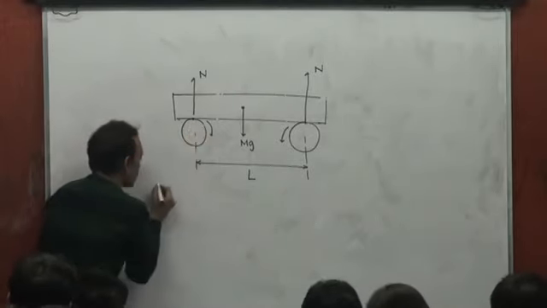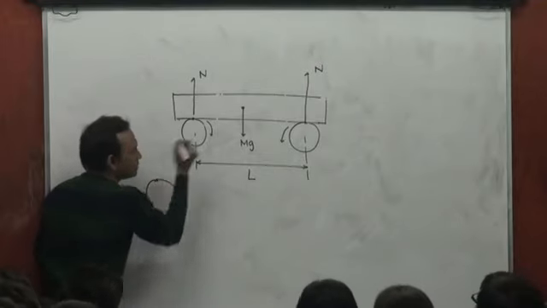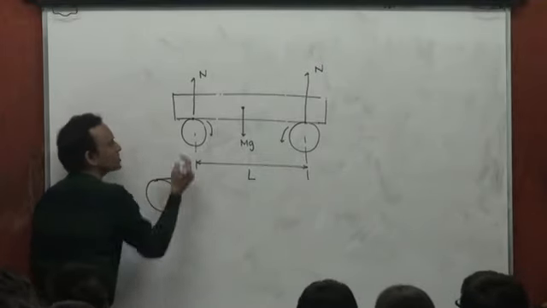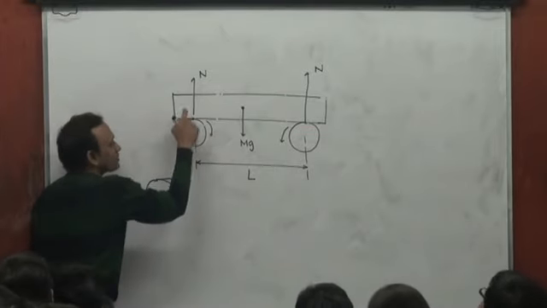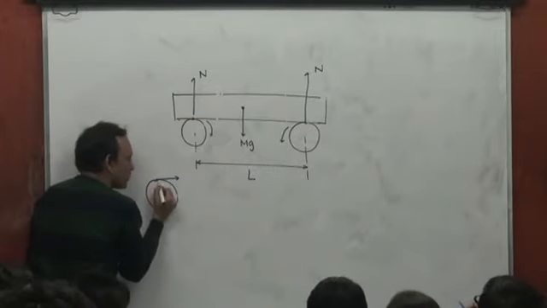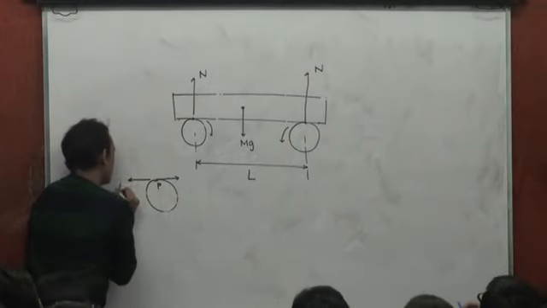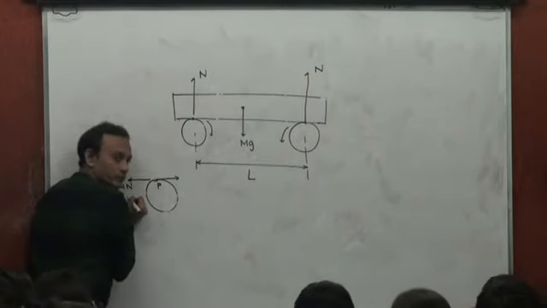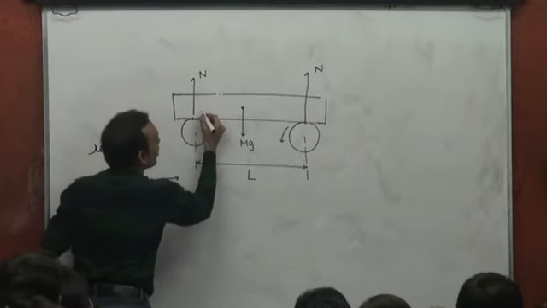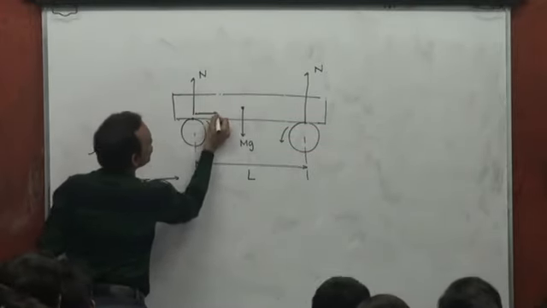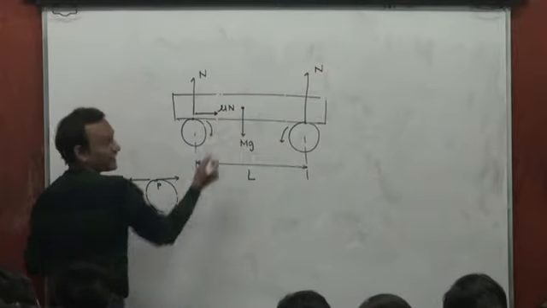Now, if you look at this point on the roller, this point has a velocity rightwards. So the frictional force on the roller at this point would be leftwards and would be mu N. So on the platform, it's going to be mu N to the right.